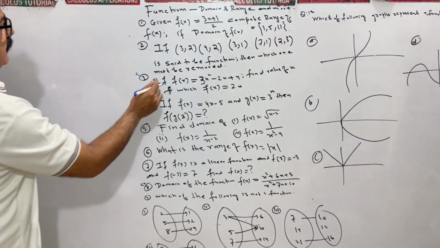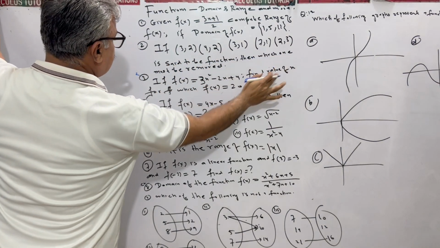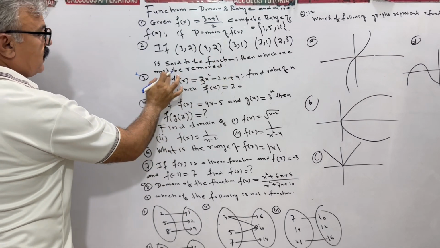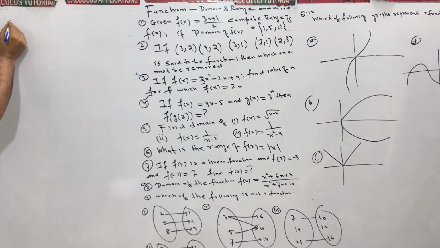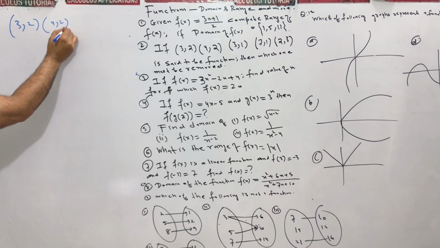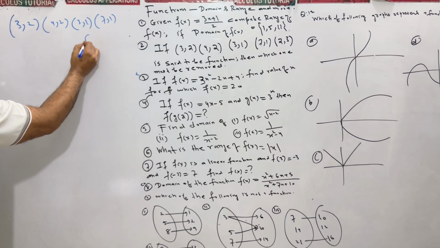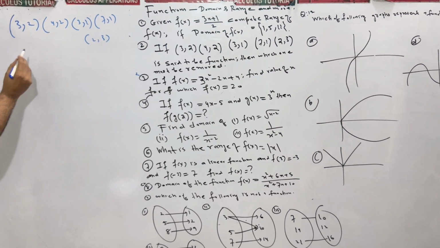Now, in that question, we are asked: 3→2, 4→2, 3→1, 7→1, 2→3 is said to be a function. Then which one must be removed? Look at this. Where lies the violation?